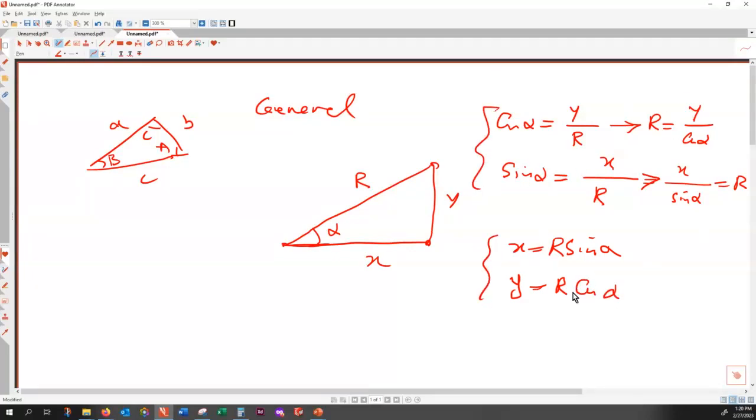So these are the equations you have to deal with from now on. One way or another, Ahmed, you will construct a triangle depending on what your input or output is.